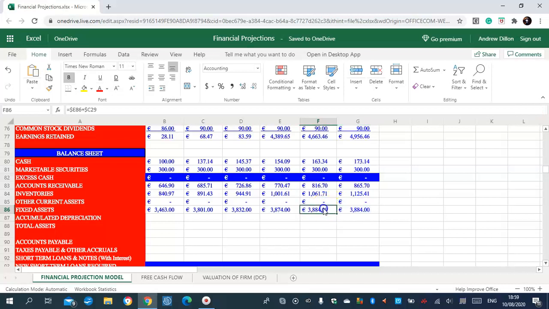So there you go. That was a long one. So that's fixed assets completed. That was pretty difficult to solve. So now let's go and move on to the accumulated depreciation.